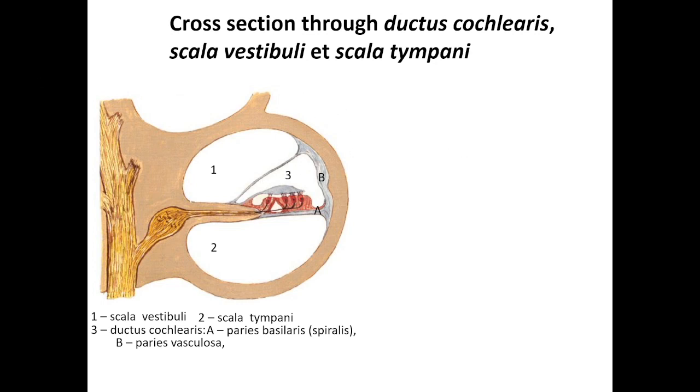In this wall, we can find several small vessels which produce endolymph. And the third wall, letter C, is paries vestibularis. It is also called the membrane of Reisner.